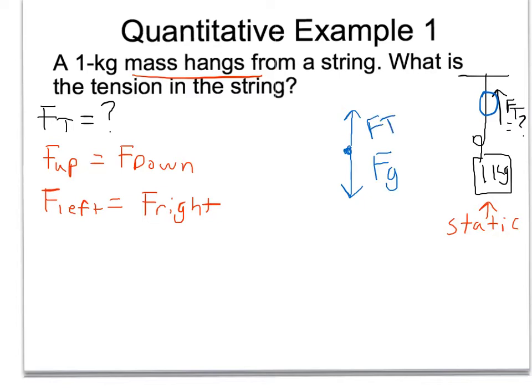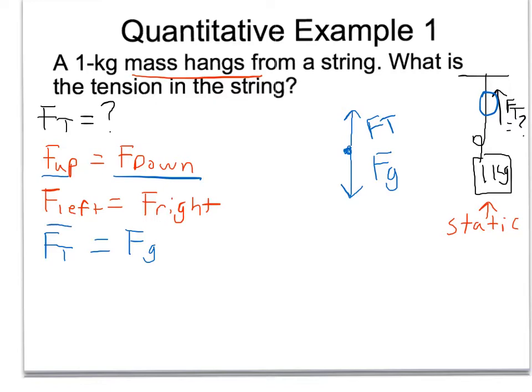Next, I know that since up forces equal down forces, Ft is clearly the up force, and Fg is clearly the down force, the weight. Ft and Fg are equal in magnitude.